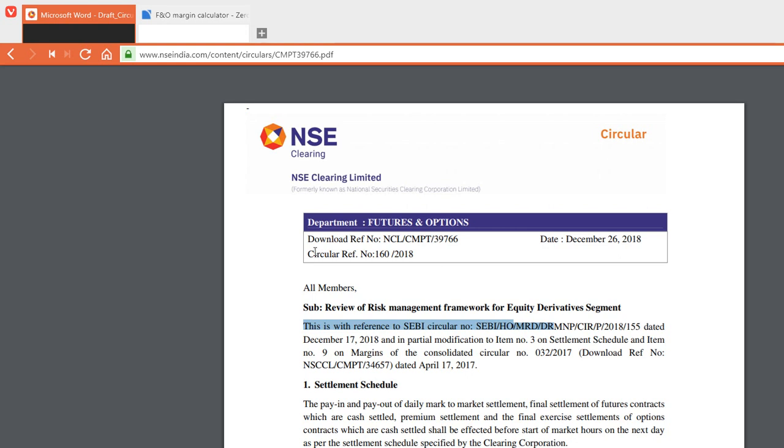As I told you, this is a review of risk management, and margins have increased based on this. I personally do not have any opinion as of now, because once this is implemented, we will have to see how it affects someone's trading. But to be on the safer side, please keep some extra amount in your account. That's pretty much about this update from NSE.